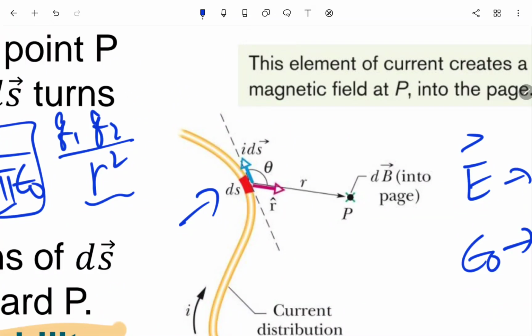Okay, ds is pointing in this direction, and r hat is pointing to the right side. So we use the right-hand rule. You cross to the right side, and then your thumb is pointing into the page. So it tells you that dB is pointing into the page.